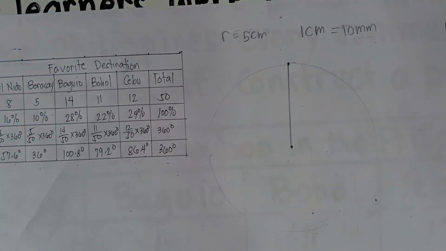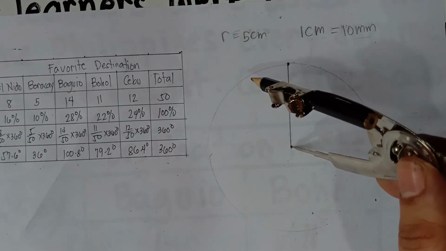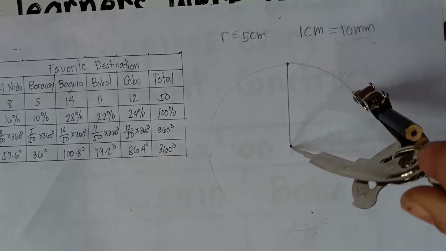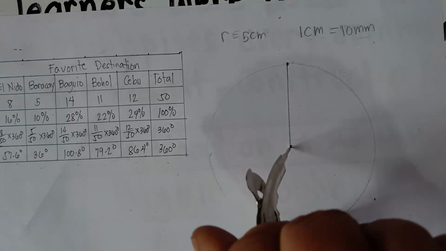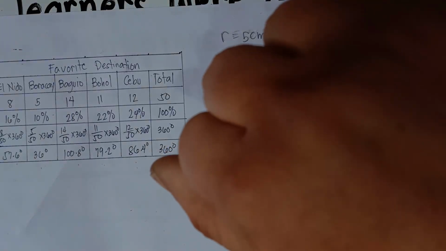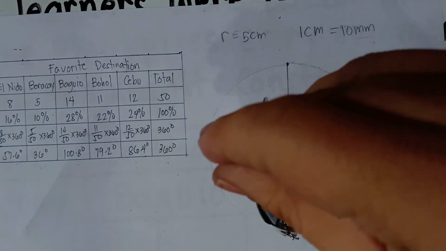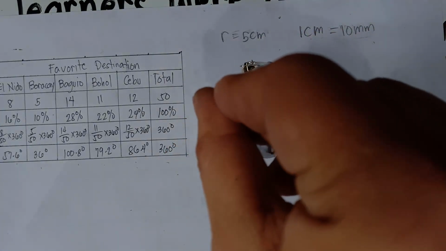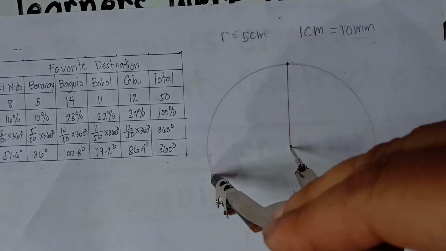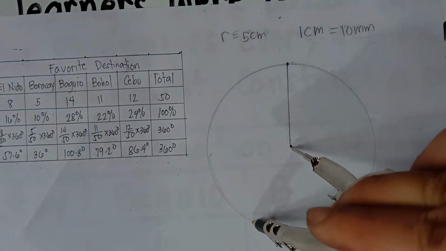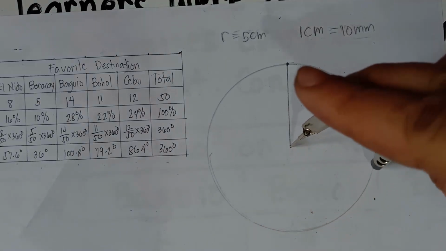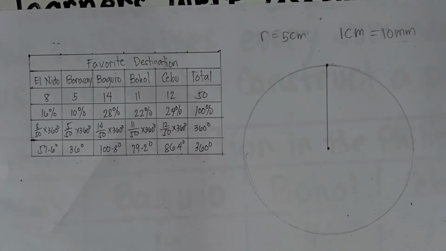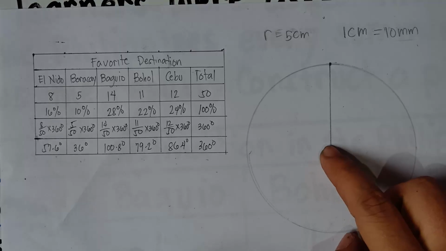Alright, so you have your perfect circle. Let's sketch it again. Do it step by step. We have the perfect circle. Alright, so this is 5 cm for our radius.